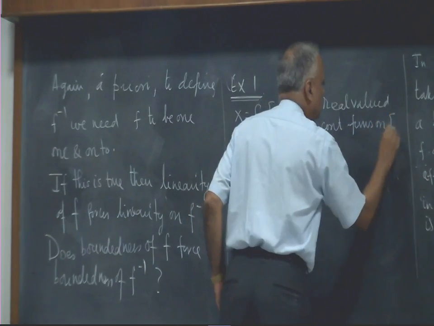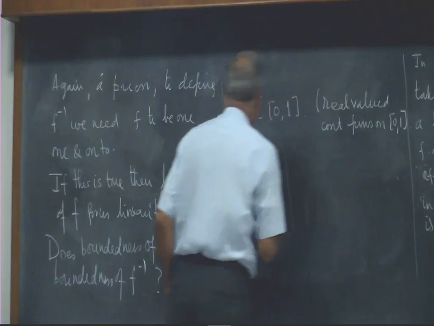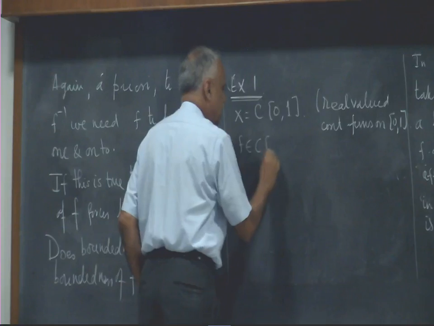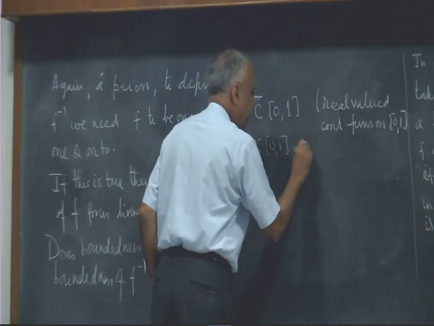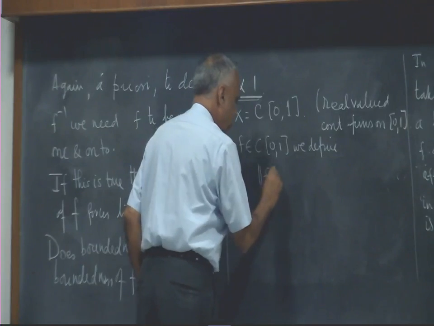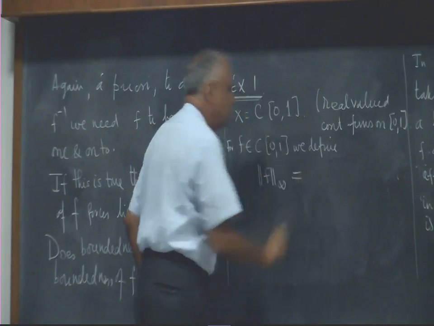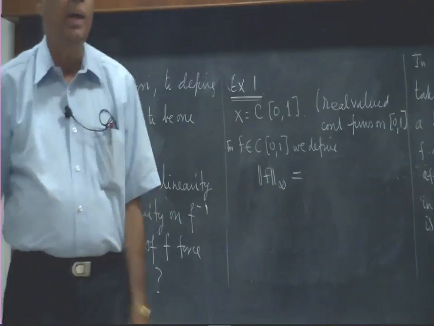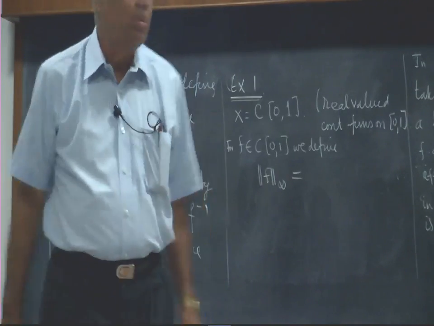And what is the norm for f belonging to C[0,1]? We define norm f infinity to be equal to, because it is a continuous function on [0,1], the modulus has a maximum and a minimum.